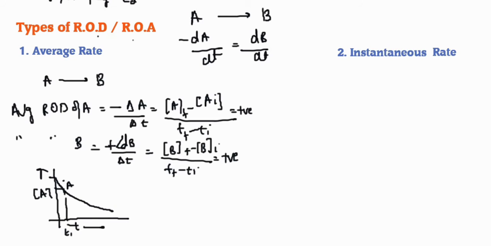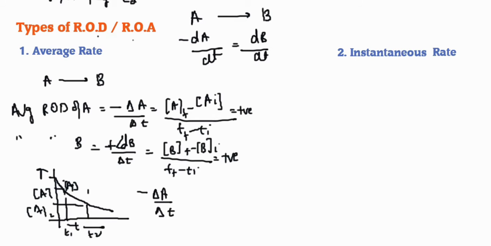This is A1, this is A2. So this is the average rate of dissociation, that is minus delta A by delta T. Okay, at time T1 the concentration was A1, and at time T2 the concentration was A2. Now it is the average.